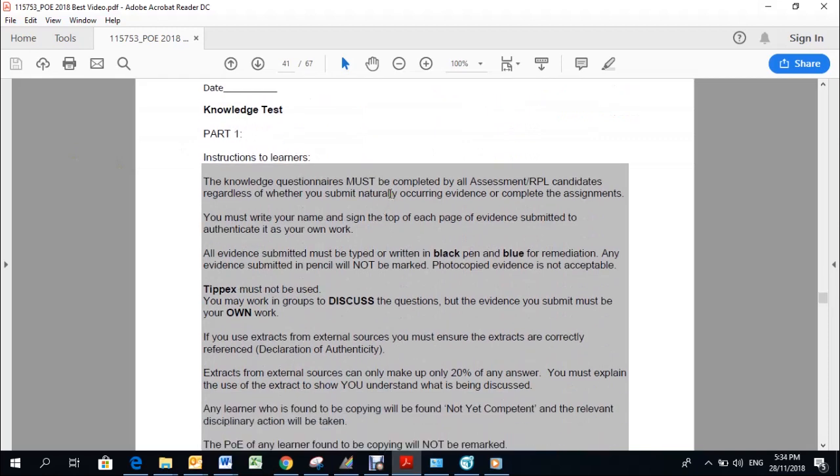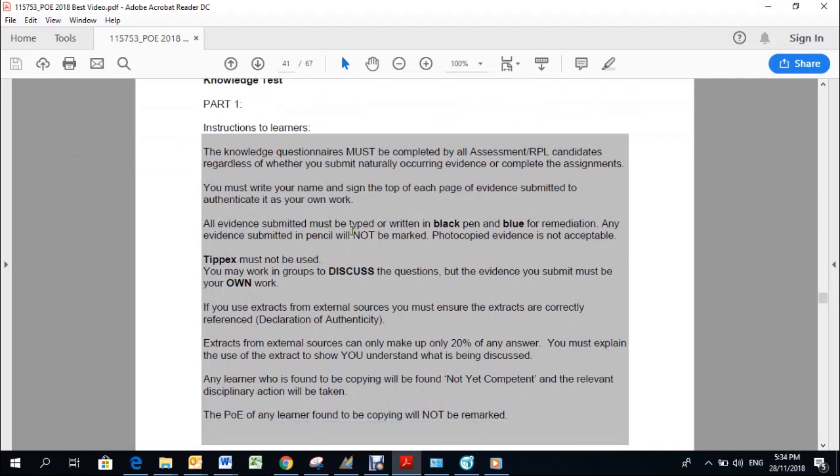The instructions are telling us that you need to use only black pen, no Tipex. If you make a mistake, just cross it out and write it on a separate page and indicate your name and surname on top. It's always important to indicate the question number.